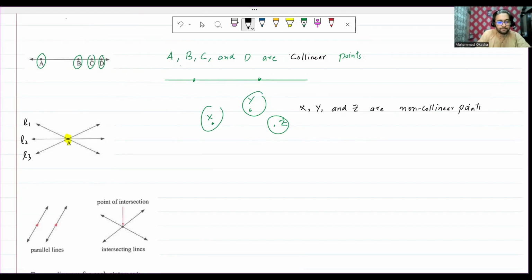The lines that pass through a single point are called concurrent lines. So you can write a definition. I'll write it. Concurrent lines. Please do not confuse collinear and concurrent. When we say collinear, we mean the points, not the lines. Collinear are the points, while concurrent are the lines. All right.